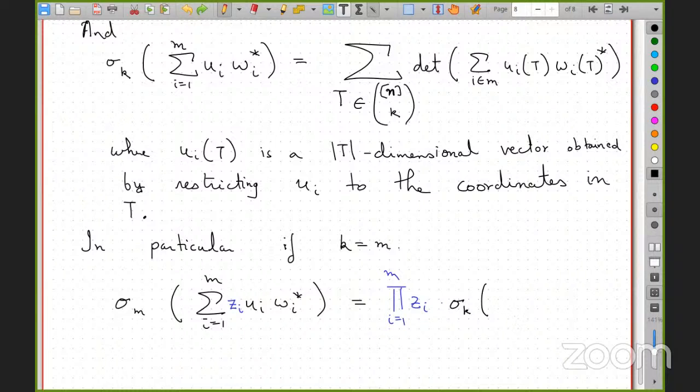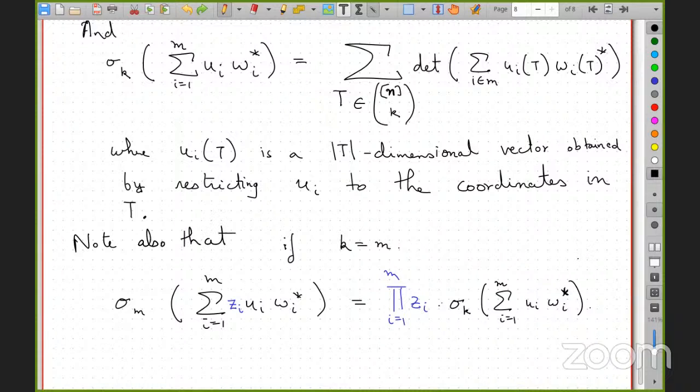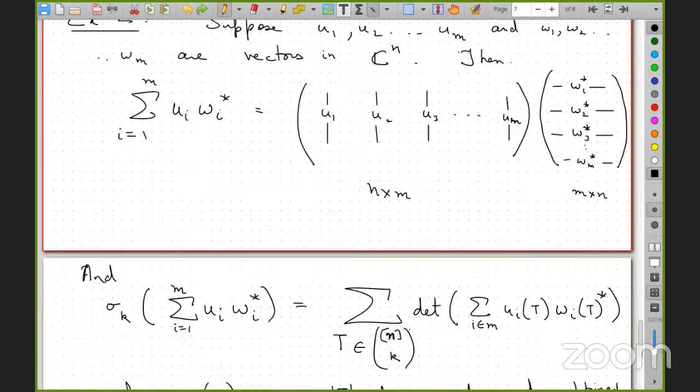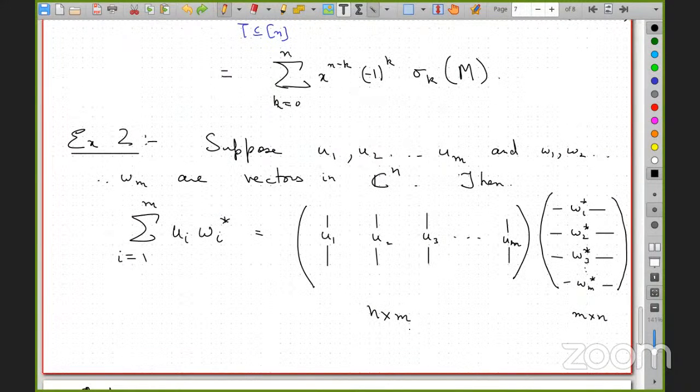You don't need the previous thing to do this, but sigma k of just the summation. If k is equal to m, then this is true: the z_i just come out. Why is that? Just think of the definition of the summation u_i w_i. If I'm multiplying each u_i by z_i, that's like multiplying every column by z_i.